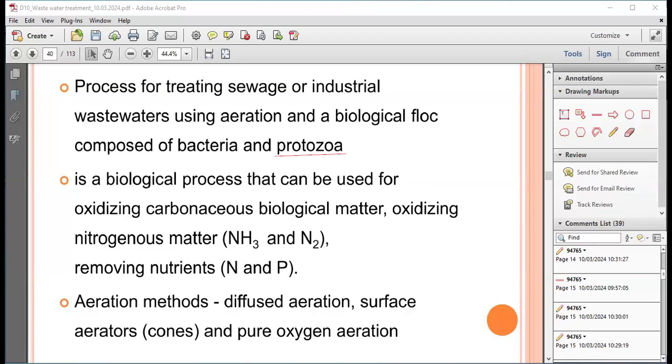It's called aeration, right? In Sinhala it is called Vadaniya. So understand this. Protozoa means amoeba.